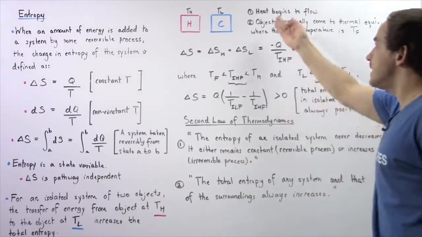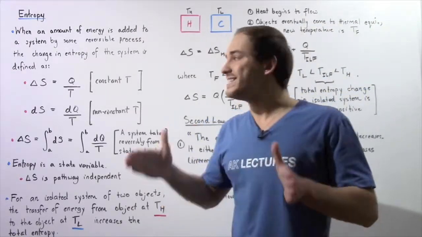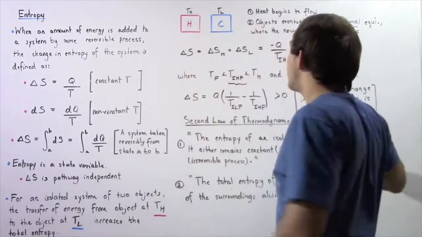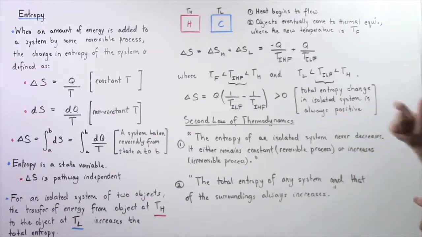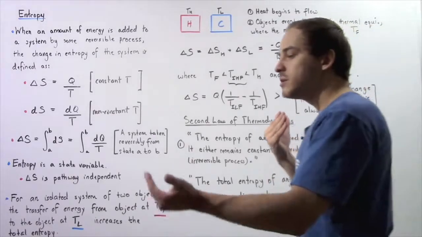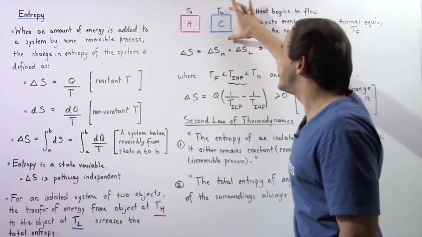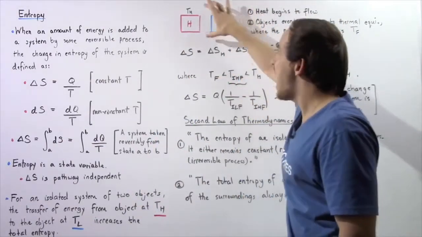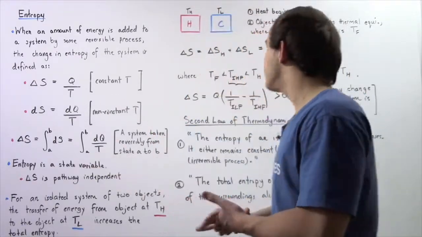Initially, energy begins to flow as a result of heat, as a result of a difference in temperature. So we connect the two objects and heat begins to flow. The objects eventually come to thermal equilibrium. What that means is the temperature will eventually equalize. One object will gain a certain amount of energy, and the other will lose that same amount of energy.